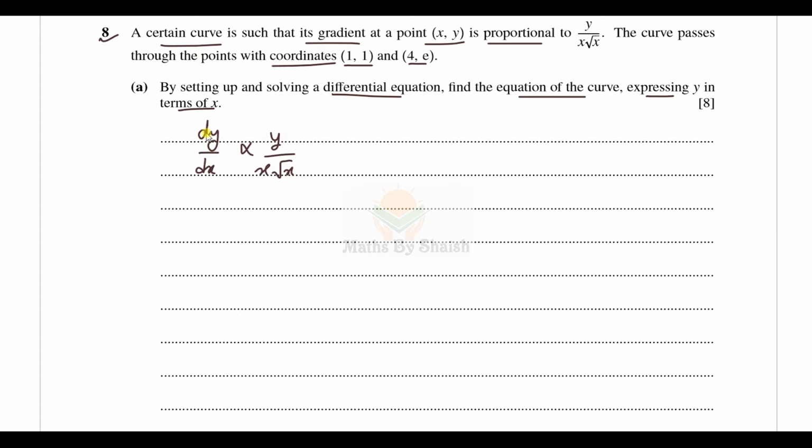dy over dx is proportional to, it means this proportionality sign will go with the is equal to k. There is a constant, proportionality constant, let's say k, y over x root x.